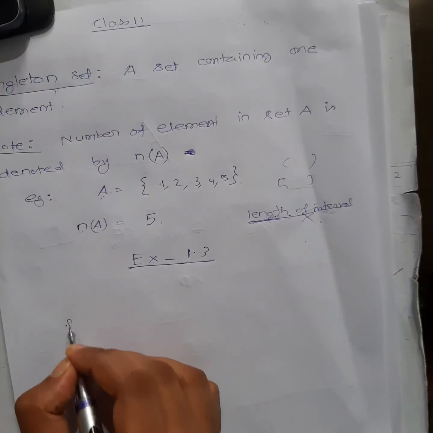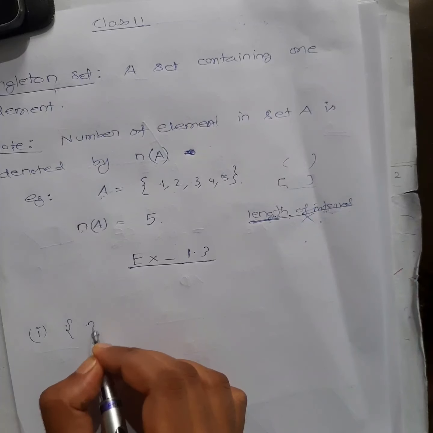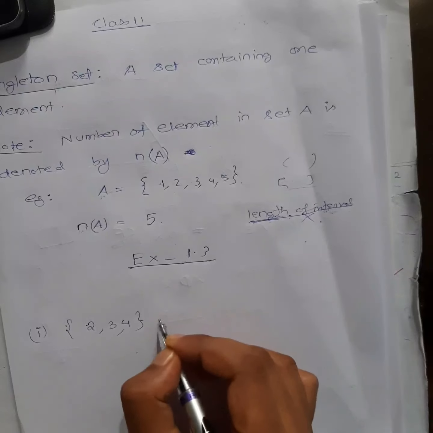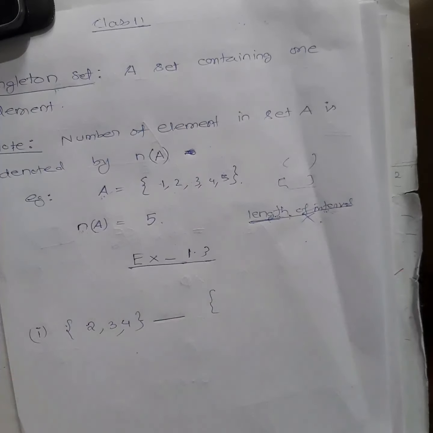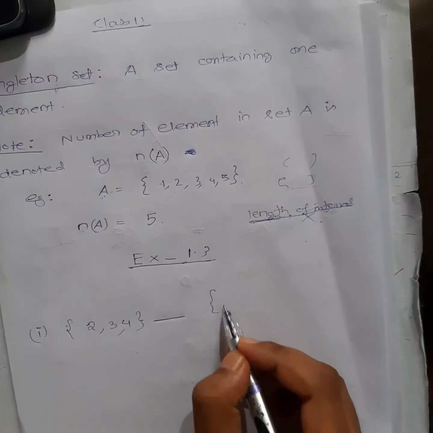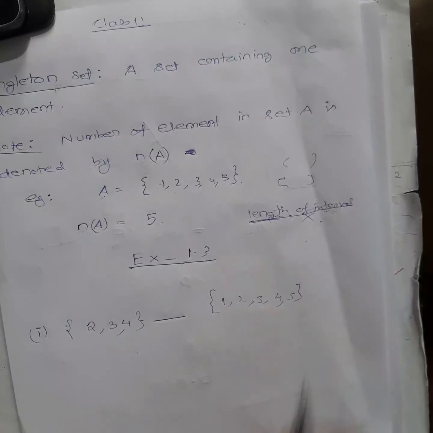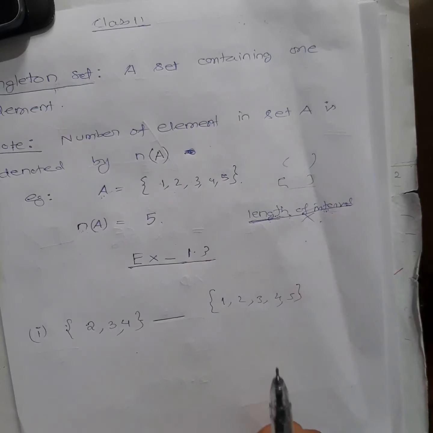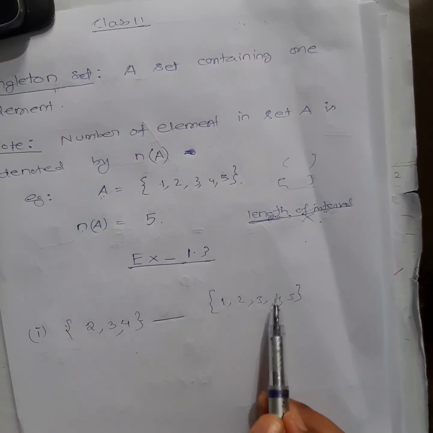So what you will do: number one, the first set has elements 2, 3, 4, right? And there's a blank like this, then you have 1, 2, 3, 4, 5 on the other side. Now see, subset means all the elements of this set must be contained in the other set.